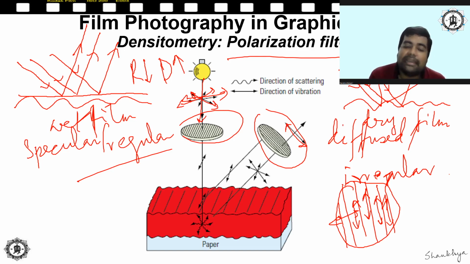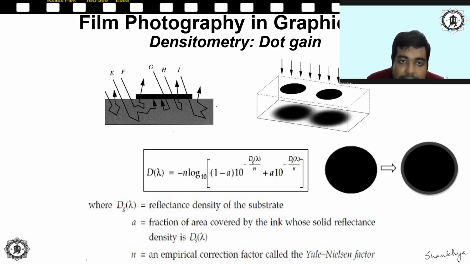If the same amount of light reaches the detector in both the wet film and the dry film situation, then we will get uniform optical density readings for both situations, right? I hope this is clear. This is the purpose of the polarization filter, right?